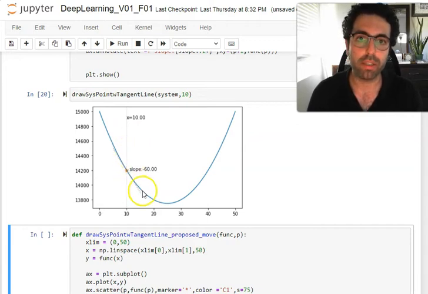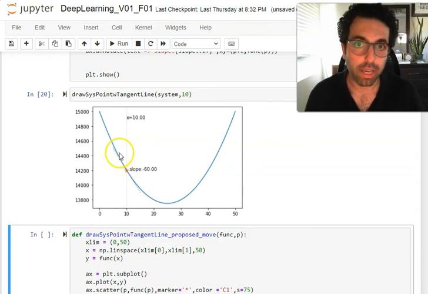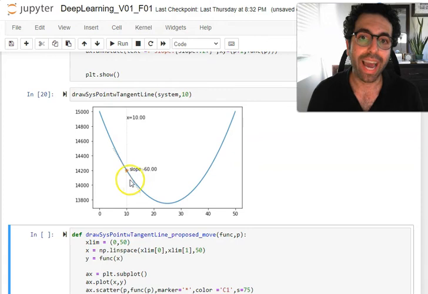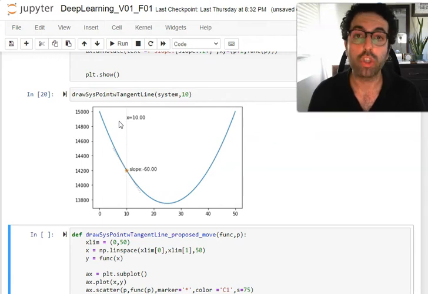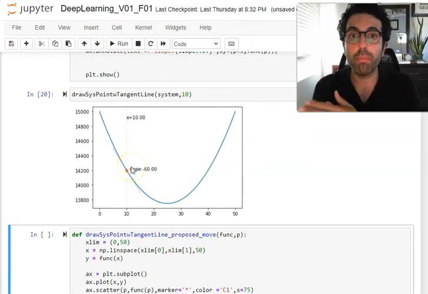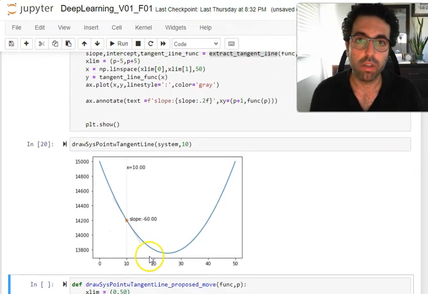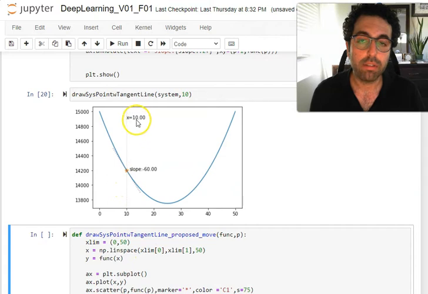Since the slope here is negative, right, we can say if we were to add a little bit to our x, which is 10, we are going to move in the direction of improving, which is decreasing our function, right? So our goal here is to find a minimum, right? So if our slope is negative, which here is negative 60, right, we can add to this x of 10 to move towards making this smaller, making the value of y smaller.